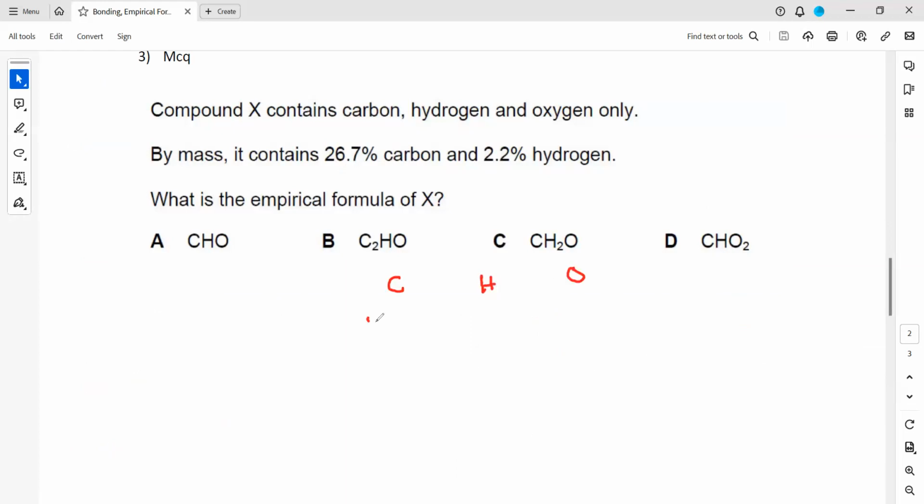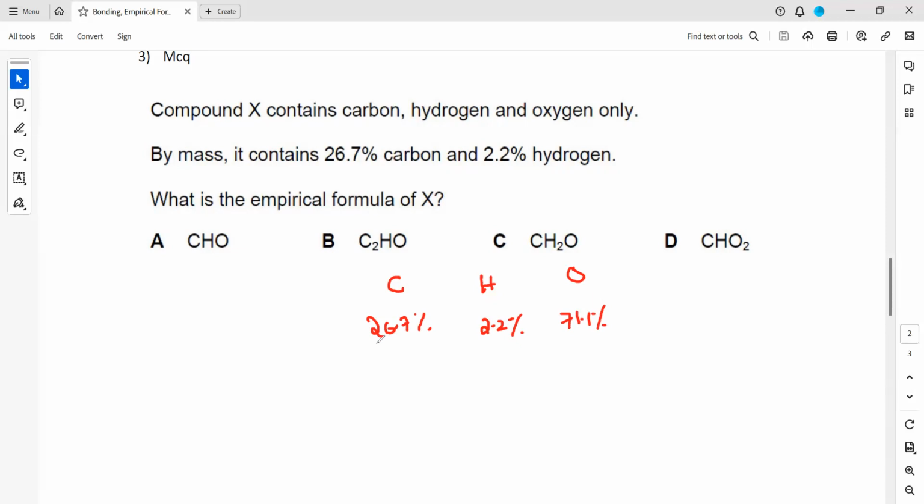The compound contains 26.7% carbon and 2.2% hydrogen, so the remaining will be oxygen. The remaining amount will be 71.1, because the total percentage should be 100.